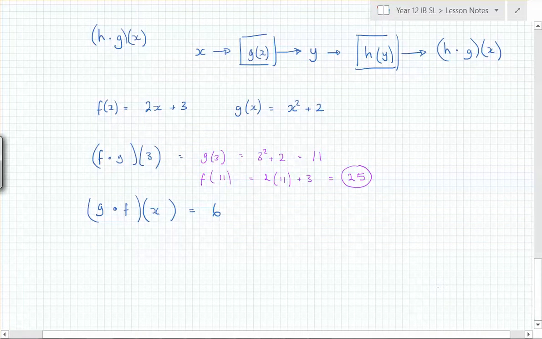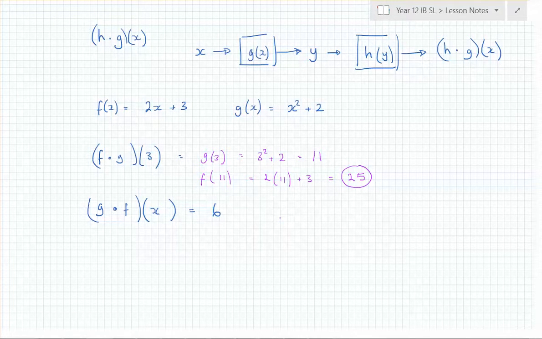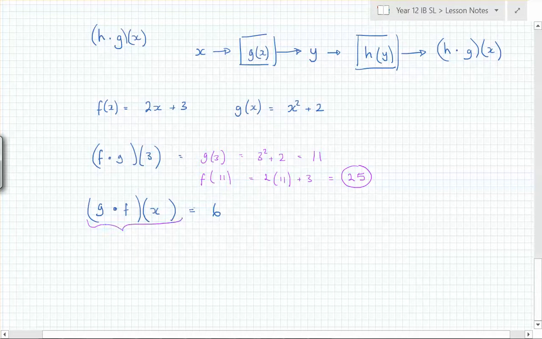What about, though, g of f of x equals 6? Don't you have to combine them? Okay, so what we've got to do, really, to be able to solve this, is actually find what gf of x is as its own function. Alright?